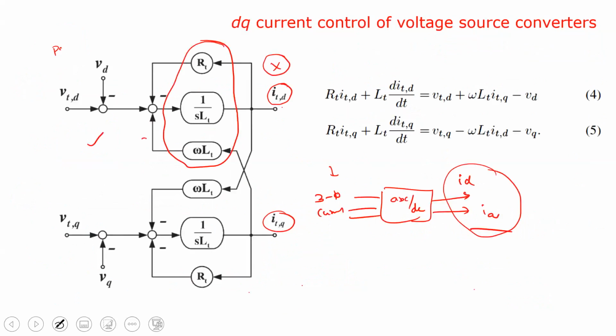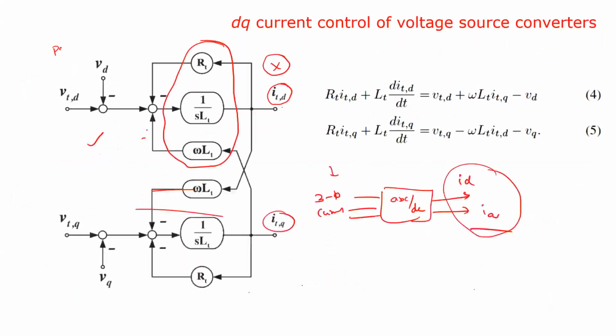This is VTD and this is VTQ, which is equal to VD, VQ. These are the inverter voltages or estimated inverter voltages.